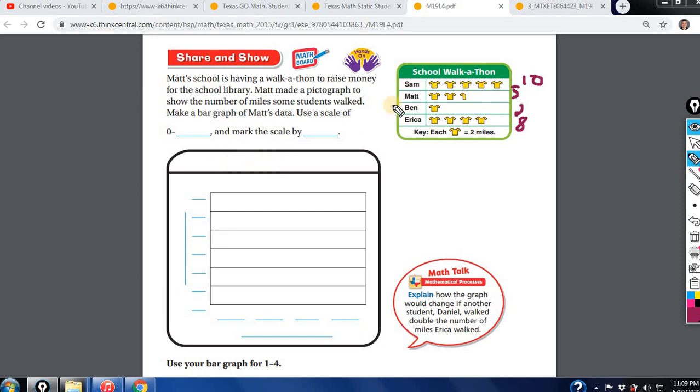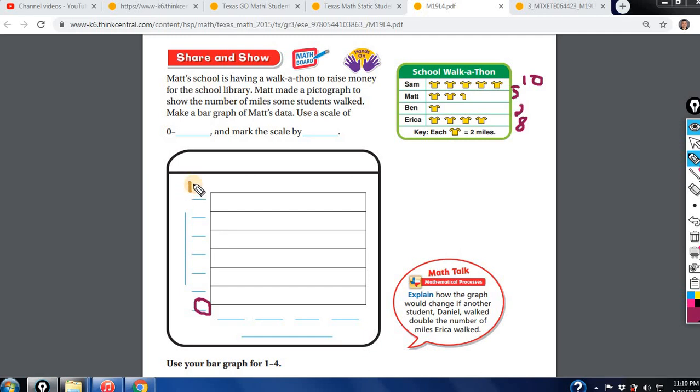Here is our title, School Walkathon. Here we could put the names of the students. We'll have Sam, Matt, Ben, and Erica. And these will be our numbers from 0. So if our highest one is 10, we can go to what?